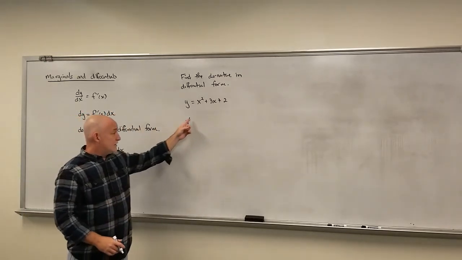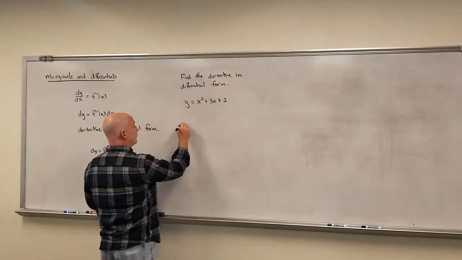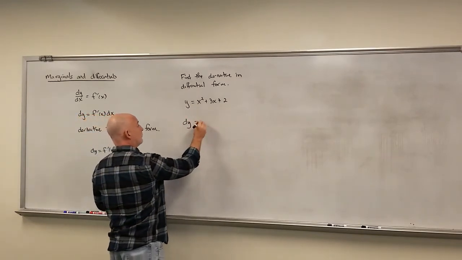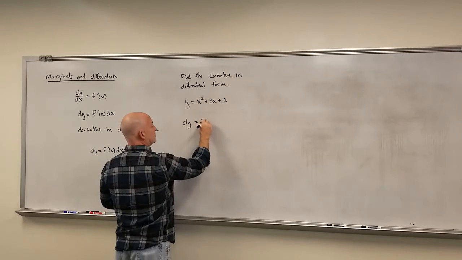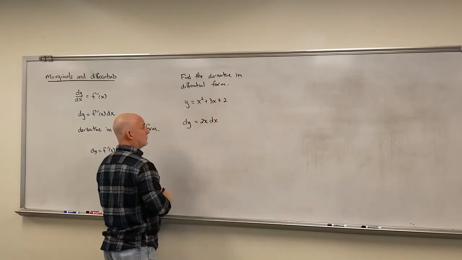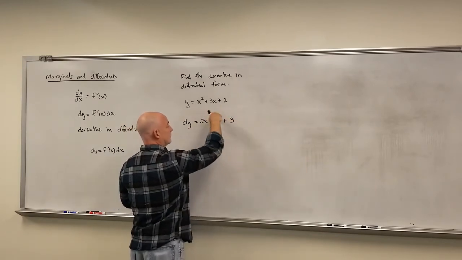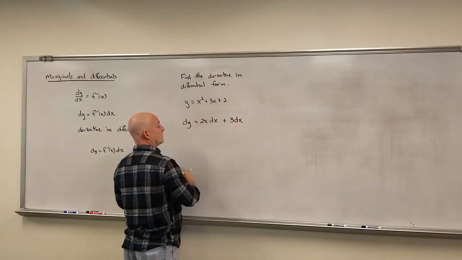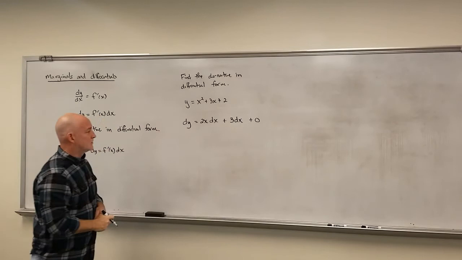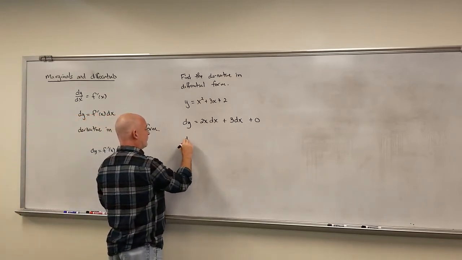All that means is that's the derivative of y, so we're really just changing our notation a little bit. So I'm going to call that dy, the derivative of y, equals the derivative of x squared, which is 2x times the derivative of x, which is dx, plus the derivative of 3x, which is 3, with respect to x, which is dx. And the derivative of 2 is 0 dx also, but that's just going to be 0. So there's our derivative in differential form.